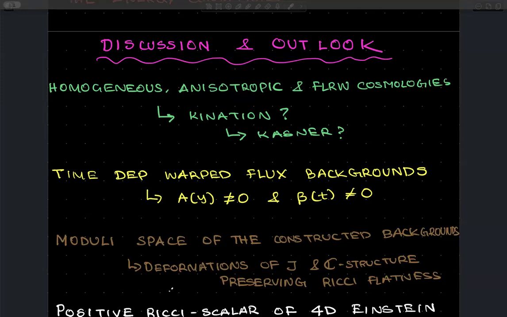And when we have all of the fluxes turned on, there seems to be some anisotropy in the sense that all of the directions cannot be made the same.